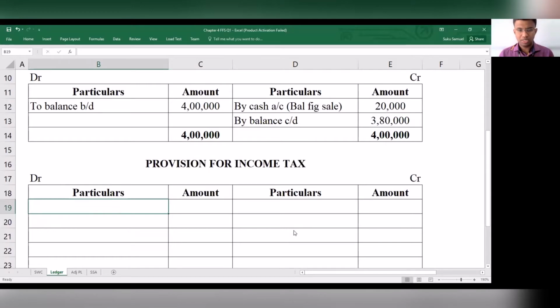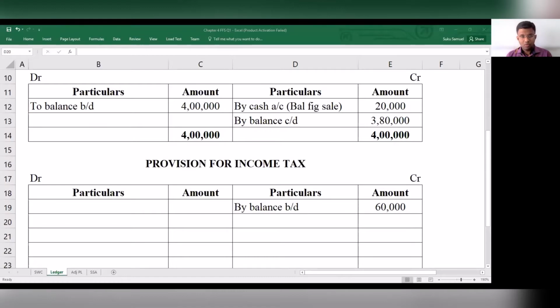Now, remember, what type of account is it? It is a nominal account. So, debit all expenses, credit all incomes and gains. Since it's a liability, here the opening balance will feature on the credit side. So, by balance brought down, and how much is the balance that you're bringing down over here? Here it is 60,000.